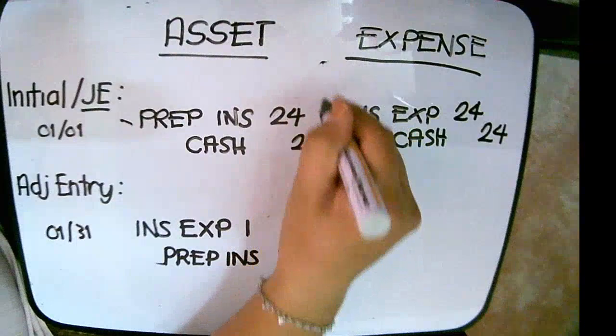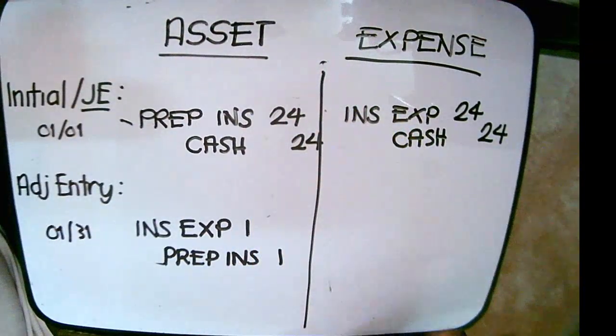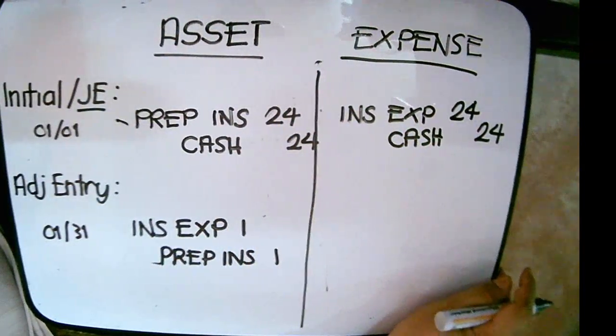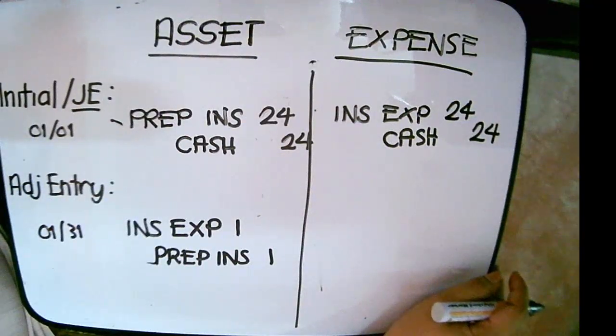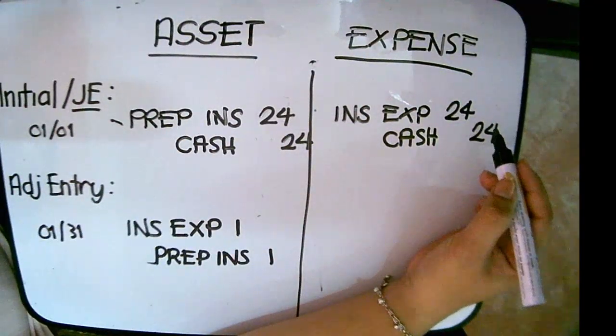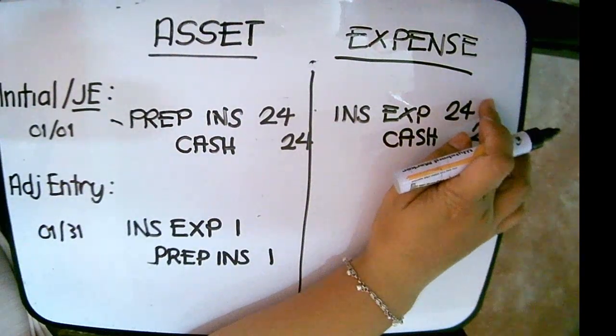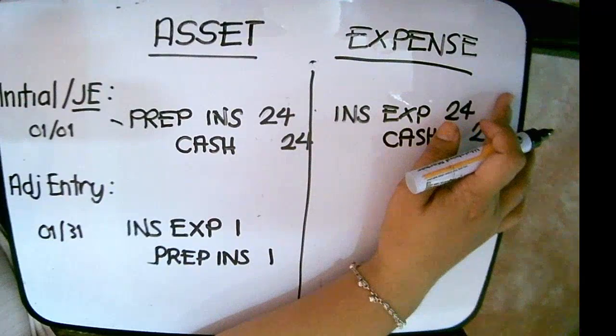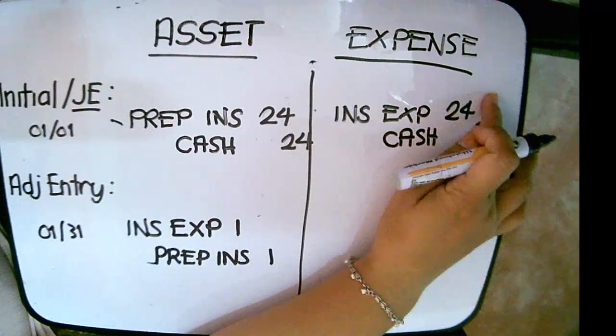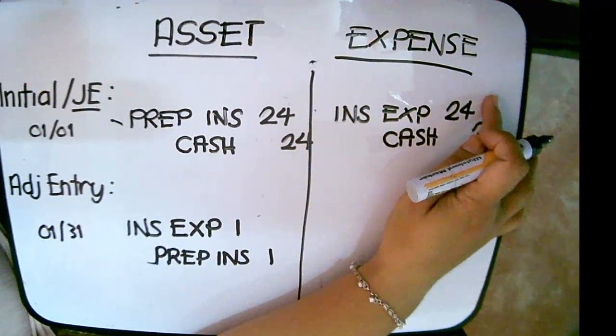Now, ang sabi sa problem, gagawa daw tayo ng adjusting entry. So, balik tayo. Again, yung expense lang natin is 1,000. Pero yung naka-record natin sa initial is 24,000. So, dapat mag-reflect yung true balance ng insurance expense, which is 1,000.